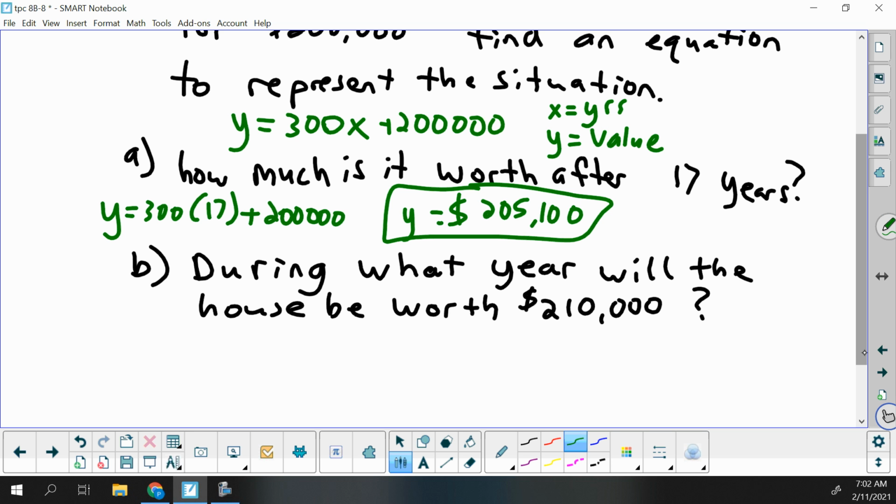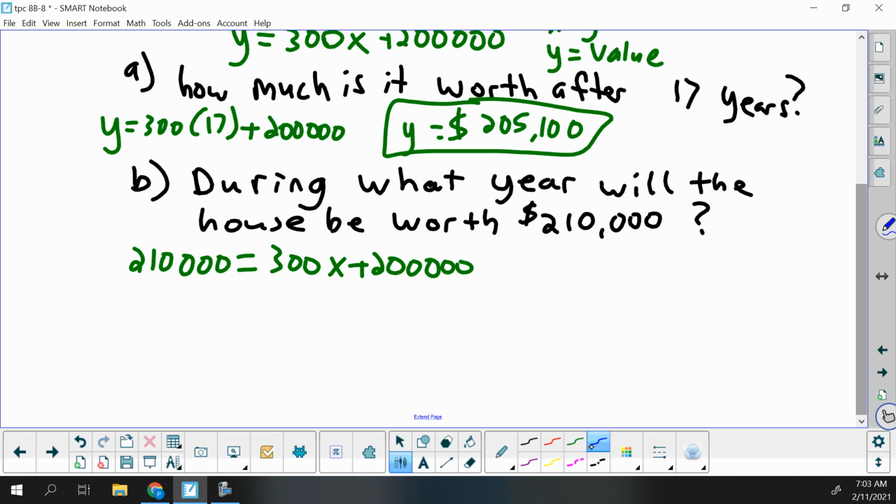And then we want to know during what year it'll be $210,000. So put your 210,000 in for y. And then we're going to solve for x. So we'll subtract the 200,000 over, and we'll get 10,000 equals 300x.